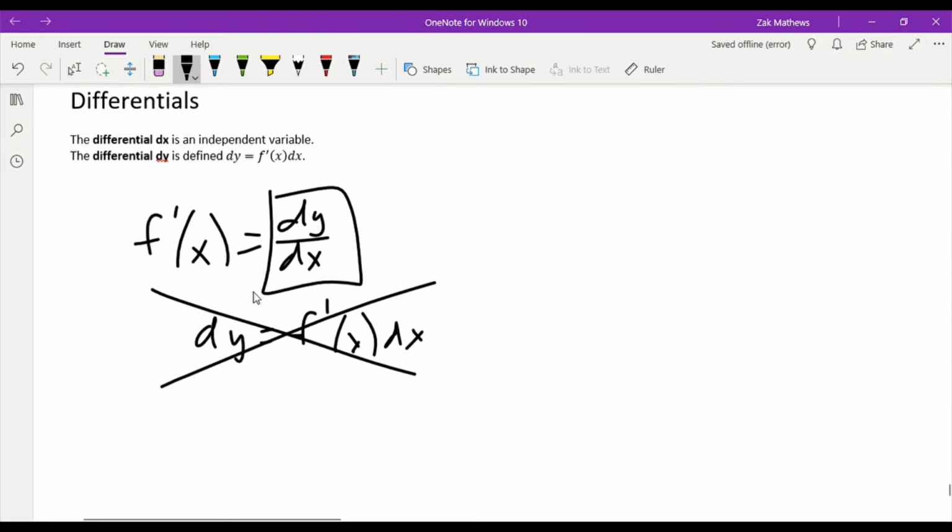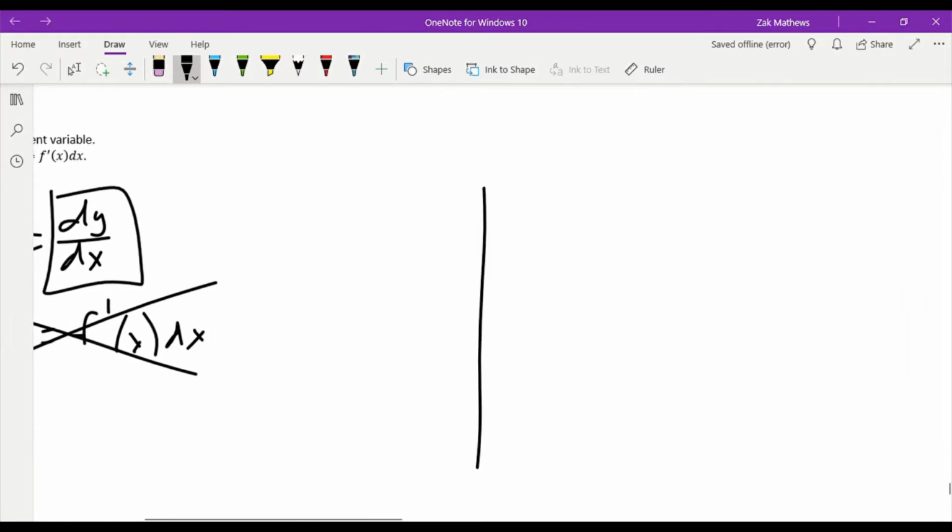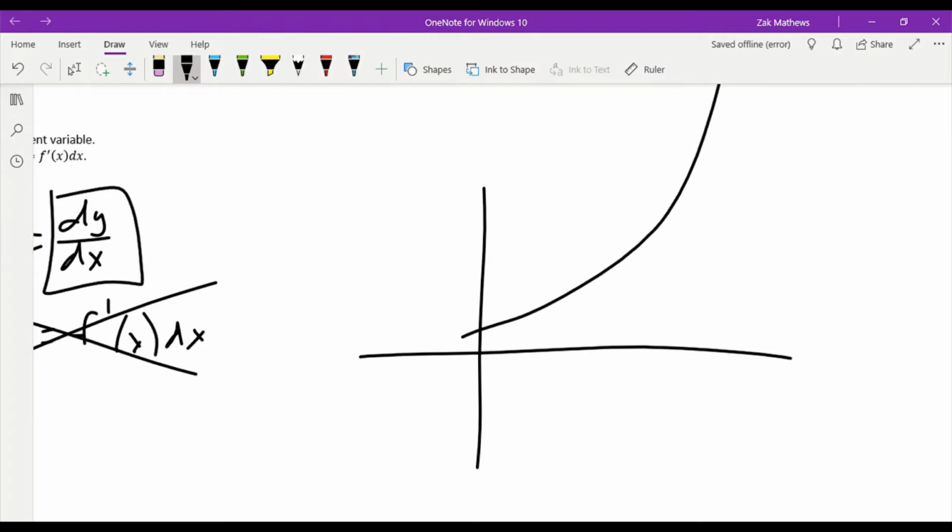So let's think about what's going on. Let's view the graph of a function. I'm just going to do a curve here, and we'll call it f of x. We could define some points around this.